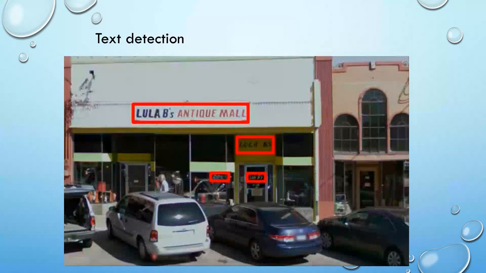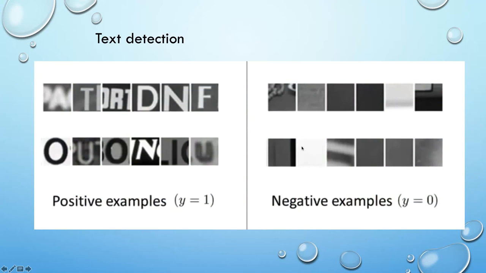So back to our text detection problem. Our purpose is to find the regions where the text is located. That is our goal. Similar to pedestrian detection, we also need labeled data. First of all, we need a large labeled training set.